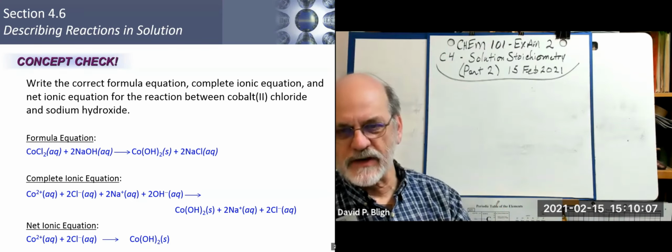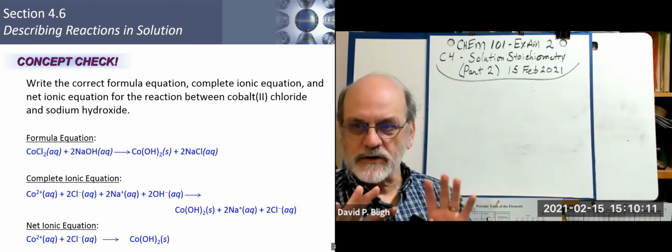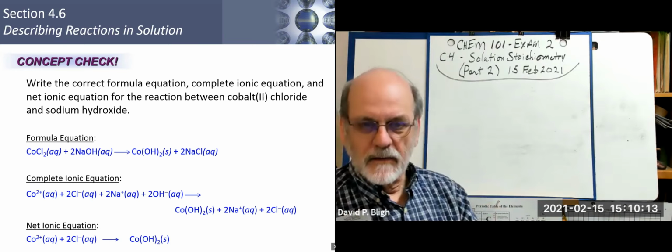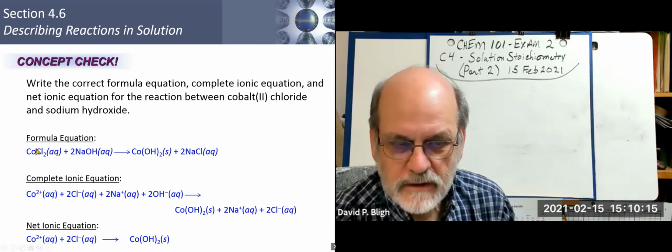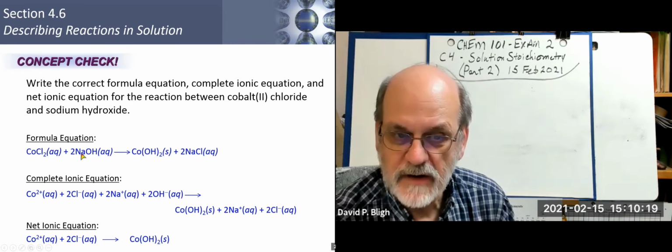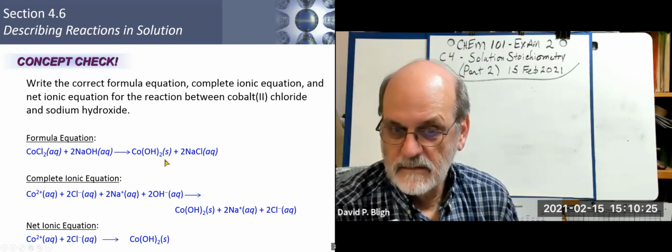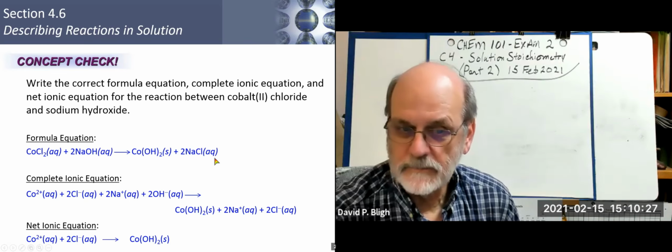But we don't have time to discuss that right now. Formula, molecular equation, they're synonymous. So what you have is what we are calling complete formula units here, and they're giving us formula units here and here. Only this one's solid, and the other one is still aqueous.